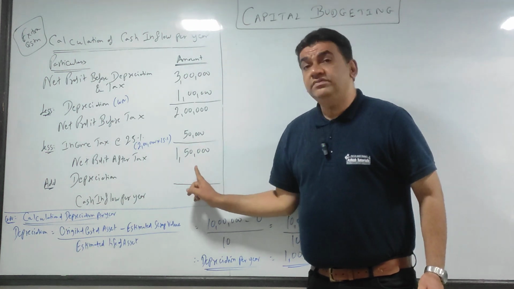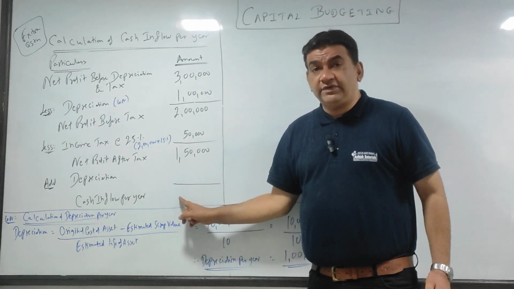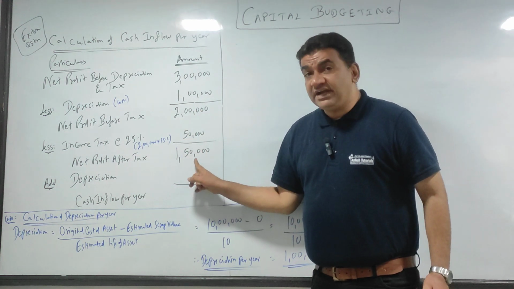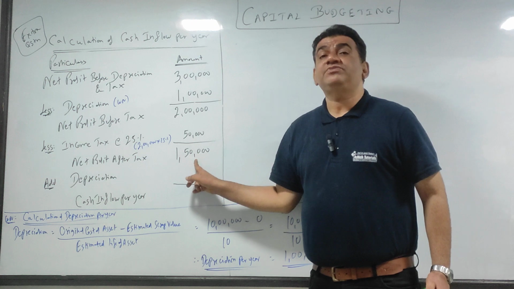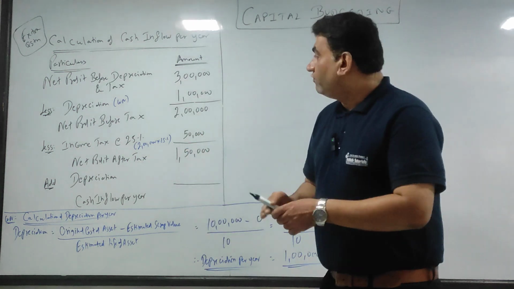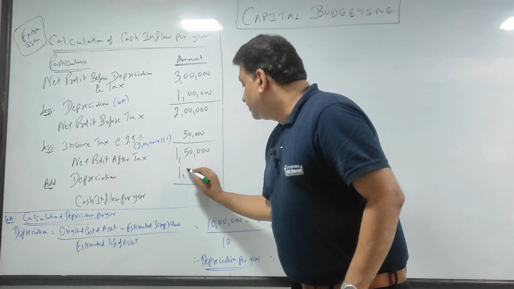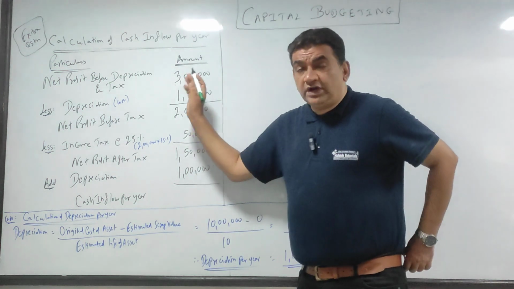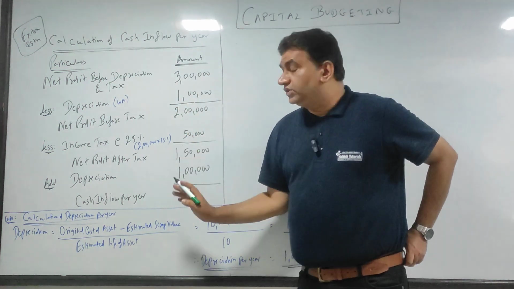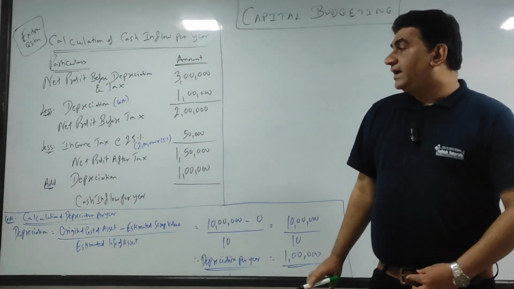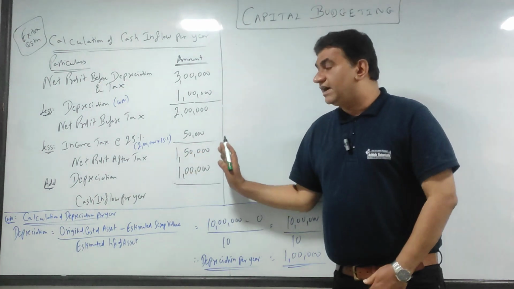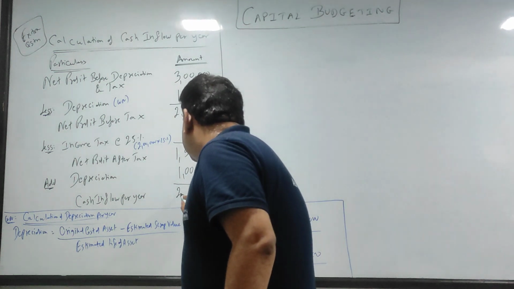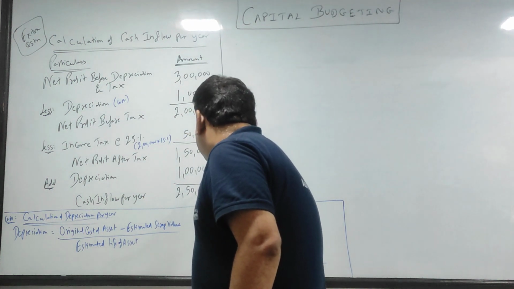So now because I want the cash profit or cash inflow per year, मैं उसको वापस add back करूंगा. Whatever depreciation I have deducted on the top, वापस add back करूंगा.